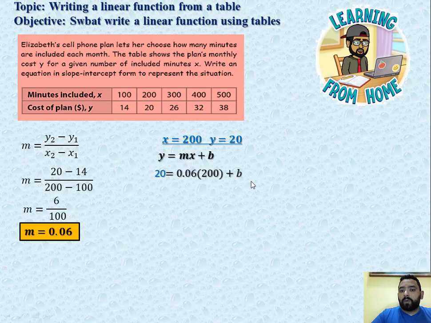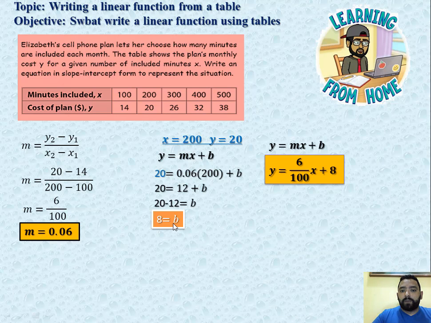We replace y by 20, x by 200, m by 0.06, plus b, which is the value that we need to identify. Then we have 0.06 times 200, which is 12, and 20 here. Then we use the inverse operation. This is positive, so we move it to negative: 20 minus 12 is 8. The y-intercept is 8, so b equals 8.